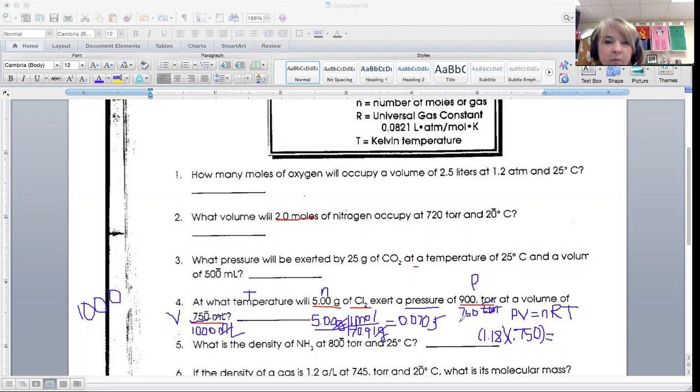Okay, now I'm going to take that and plug that into my ideal gas law over here. Okay, so I have 0.0705. Hopefully you're listening and you can hear my voice better than you can see my handwriting. All right, and then we've got the n taken care of, and now we're going to plug in R, and our R value is this number, 0.0821. So plug it in.